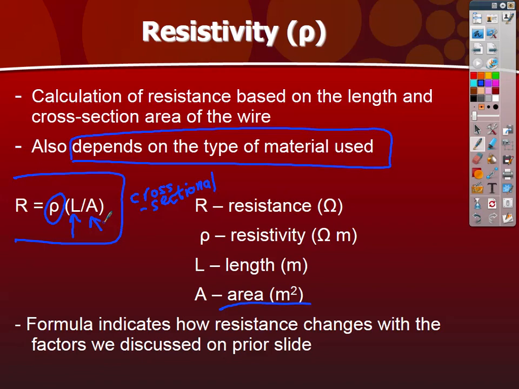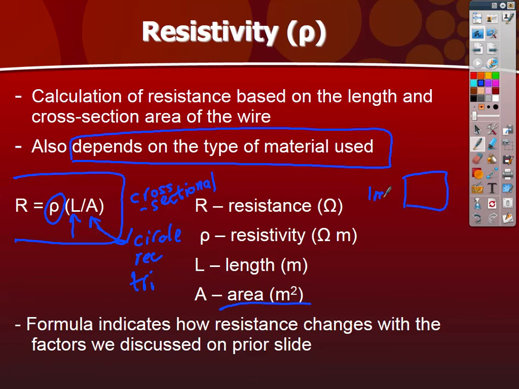Be ready for area. It could either be a circle, a rectangle, or a triangle. They will say the wire is a triangular shape. Now, I've never seen triangular wires myself, but they will say it. Or they'll say the wire is a square shape.